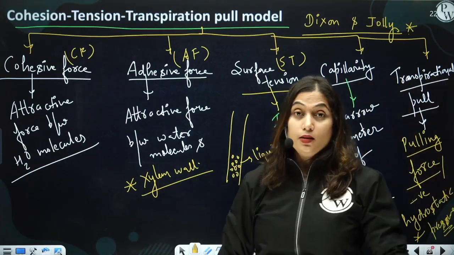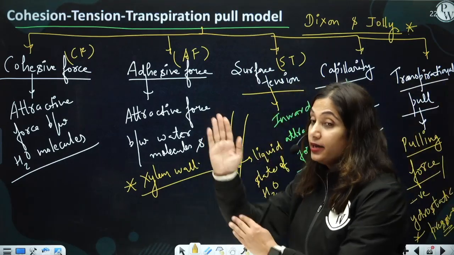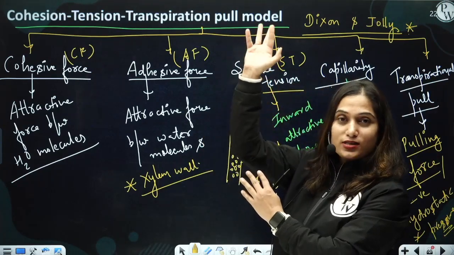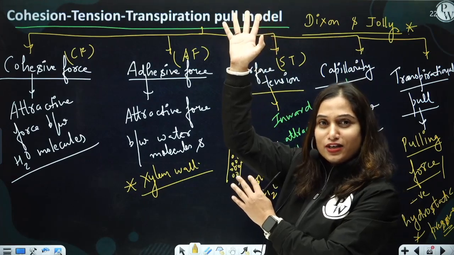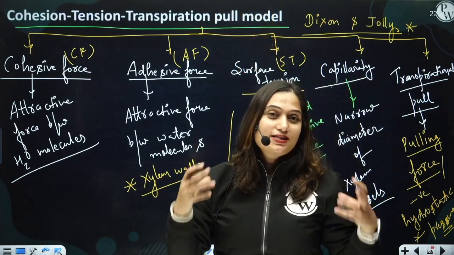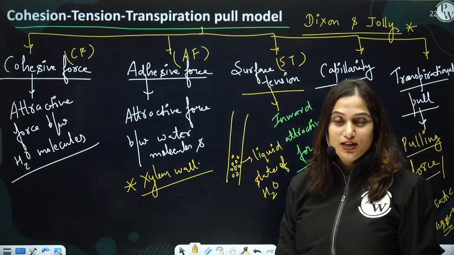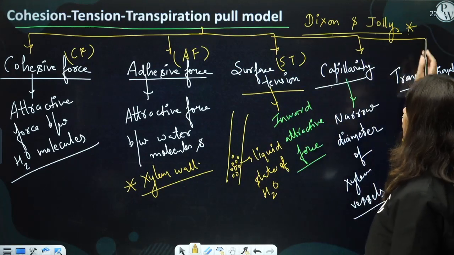Now comes the major force behind the ascent of sap. How does the water actually go up the plant against gravity? The most accepted theory is the cohesion-tension, transpirational pull theory, given by Dixon and Joly.